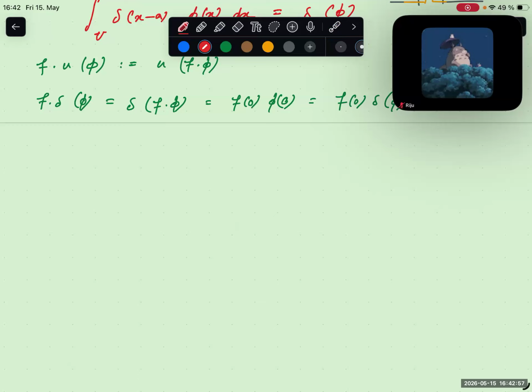So let u be a smooth function and phi a compactly supported smooth function.